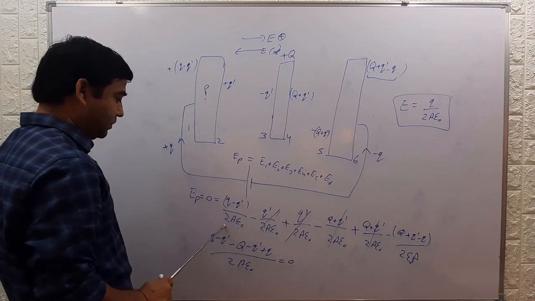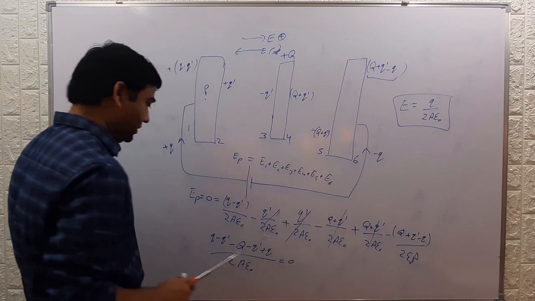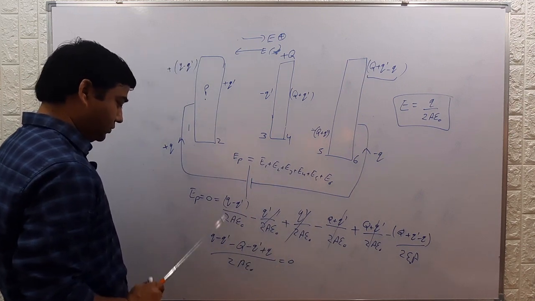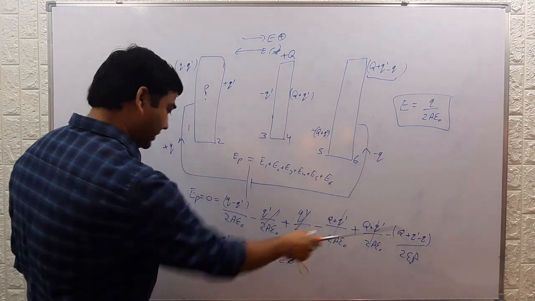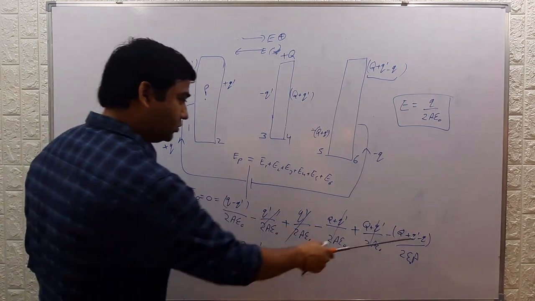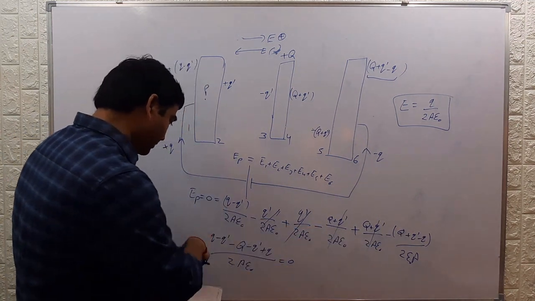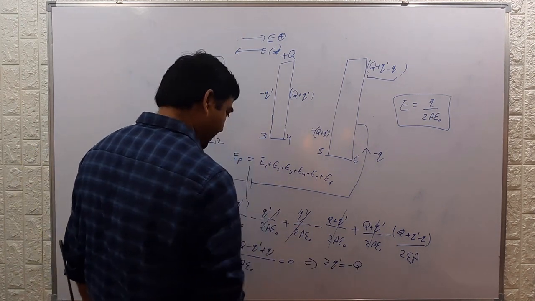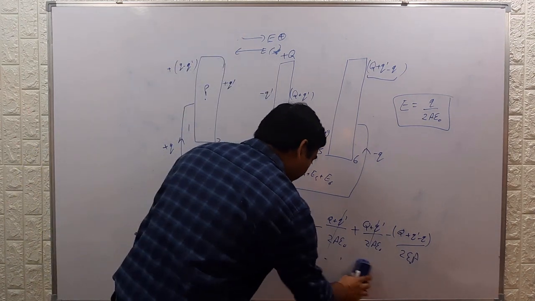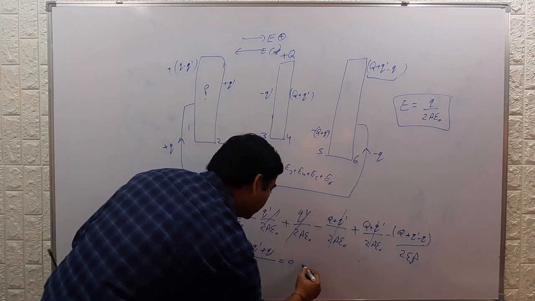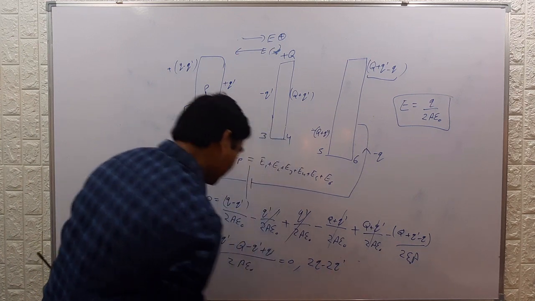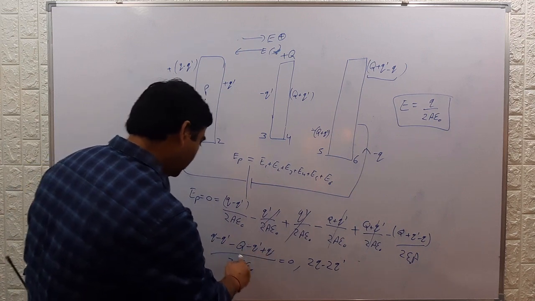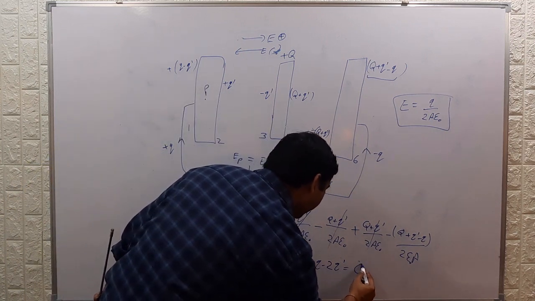We have added this part and this part, and this addition is 0. So we get 2A epsilon 0 times (Q minus Q dash minus Q dash plus Q dash, plus Q). So this can be written as 2Q minus 2Q dash is equal to capital Q.